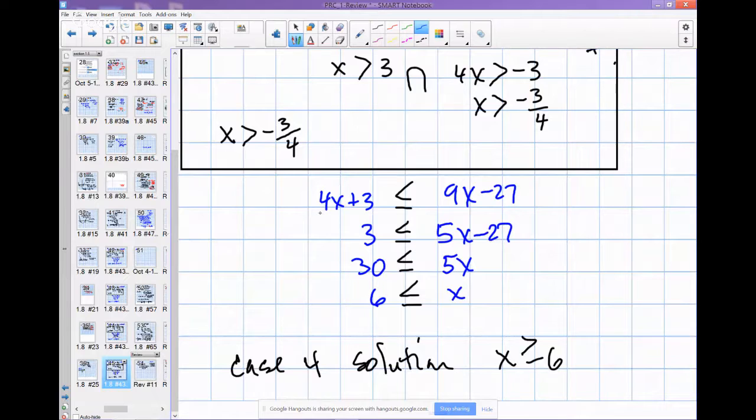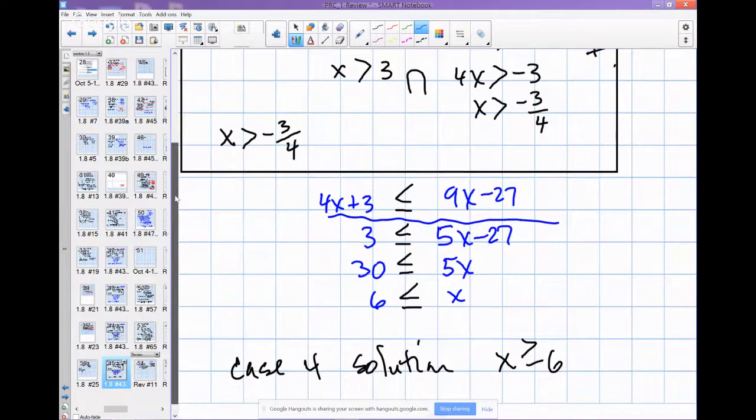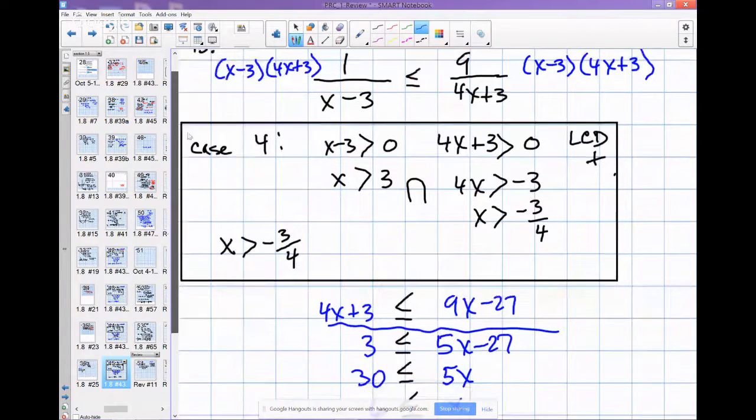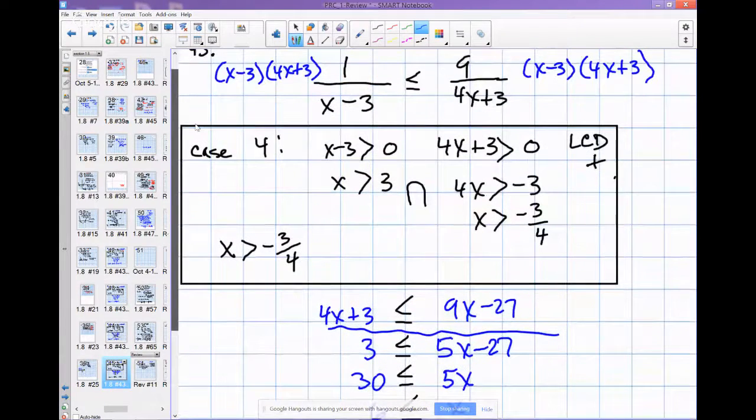All I did was multiply both sides by x minus 3 times 4x plus 3. So here's the problem. How do I know if x minus 3 and 4x plus 3, when multiplied on both sides, are negative or positive? And the answer is I don't.